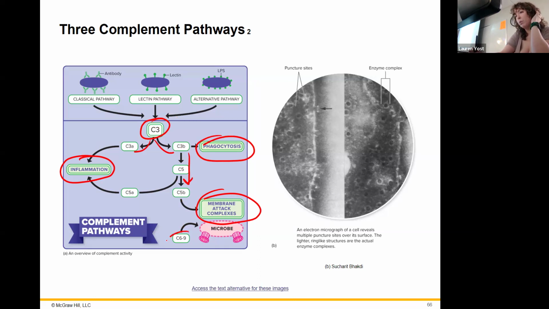Those proteins, C6 through 9, will build the membrane attack complex. So we have three main functions of complement here, right? It helps with phagocytosis, it helps with inflammation, or it creates the membrane attack complex. We would abbreviate it as MAC, okay?